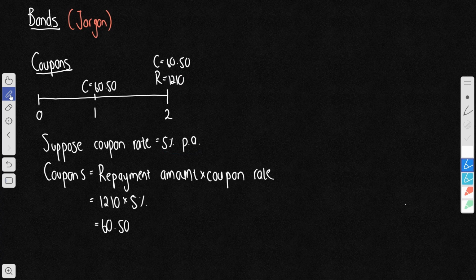So at the end of year 2, the investor will receive the repayment amount of 1,210 as well as the $60.50 in interest. So the investor will receive a total payment of $1,270.50. Again, we can calculate the amount that the investor will be willing to pay for this revenue stream as the present value of the coupons plus the present value of the repayments.